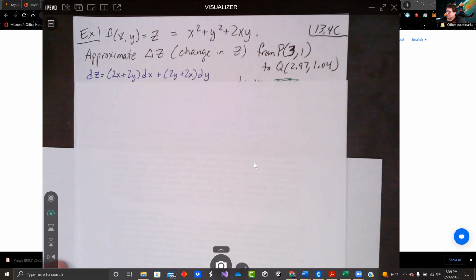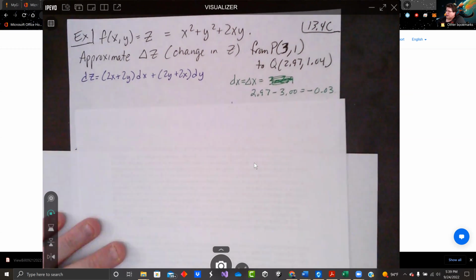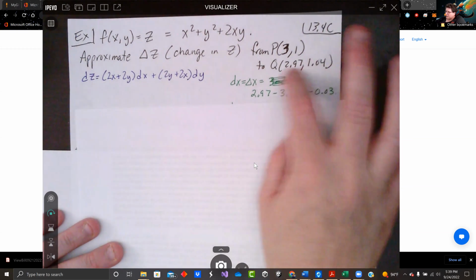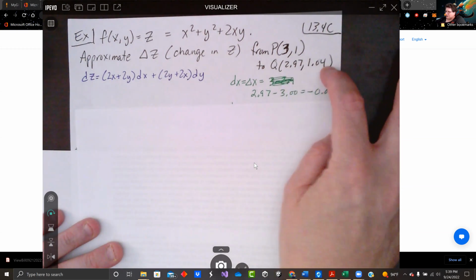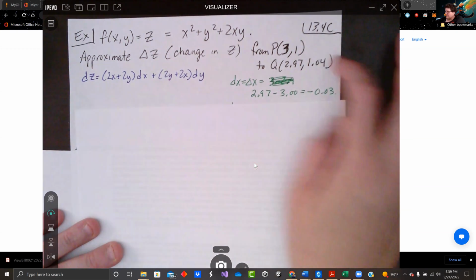So dz, we did this in the last clip, we found the partial with respect to x and the partial with respect to y: 2x plus 2y dx and 2y plus 2x dy. What we're trying to approximate is the change from (3, 1) to (2.97, 1.04), using (3, 1) because it's a lot easier to plug in.